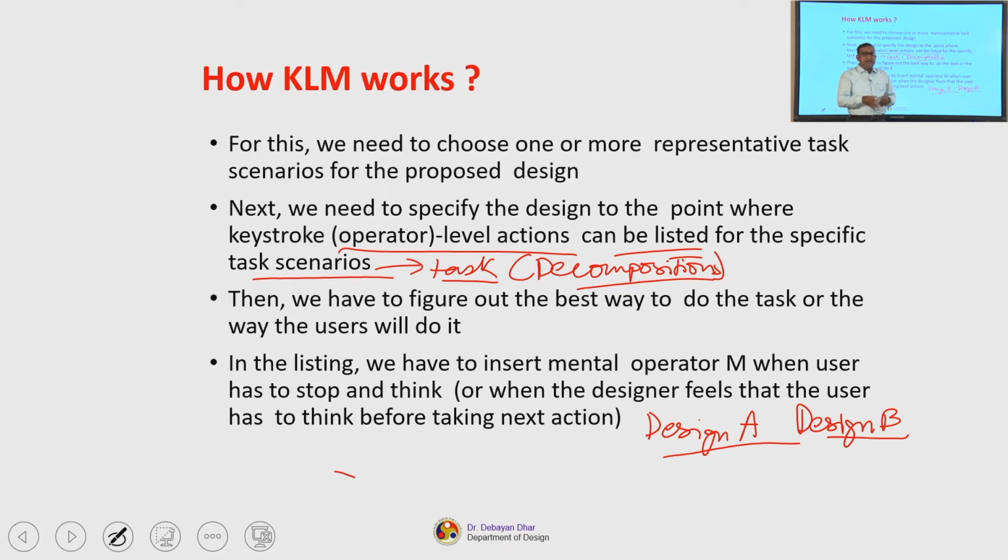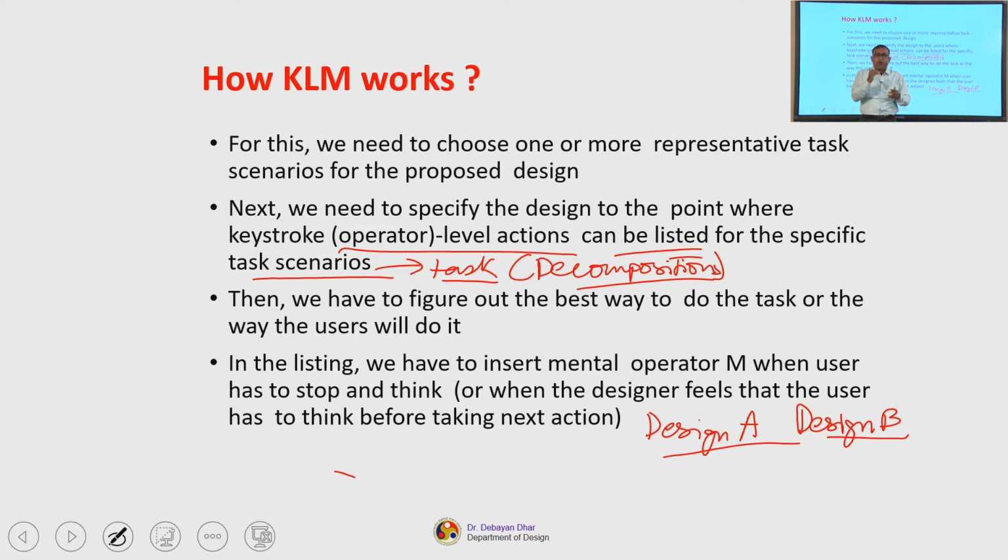First he would move the mouse cursor from some position to that field, he would click there, there is a mouse release, then he will type, then he will press tab, then he will write the password, then he will press the mouse or execute the enter function, and then he will log in.